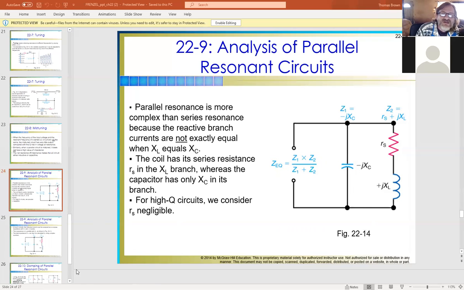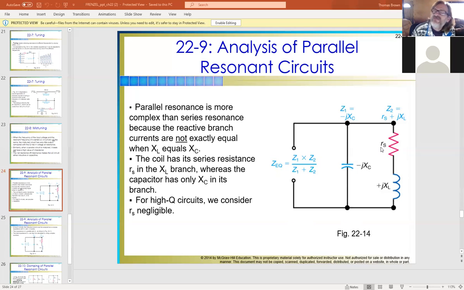The coil, as you see here, has a series resistance RS in that branch. So we do have a bit of DC resistance going on, compared to the capacitor, which only has its own reactance to deal with. Because of that internal resistance of the wire and the inductor, it throws it off.